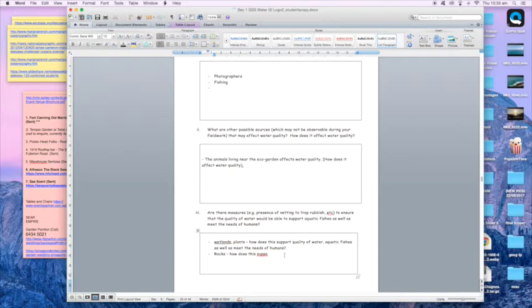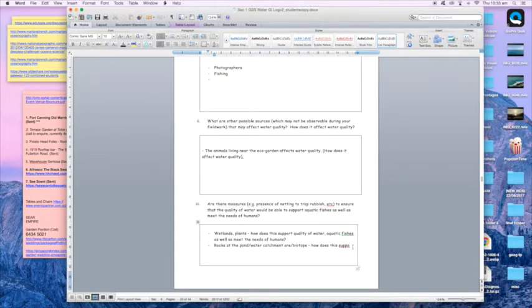So if you see these rocks at the pond or the water catchment area, biotope. Okay, so how does this support? Also, how does this ensure quality of water?